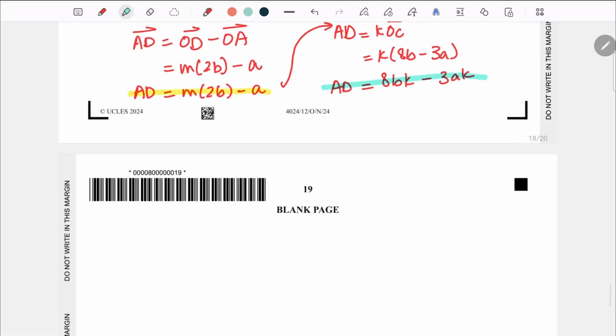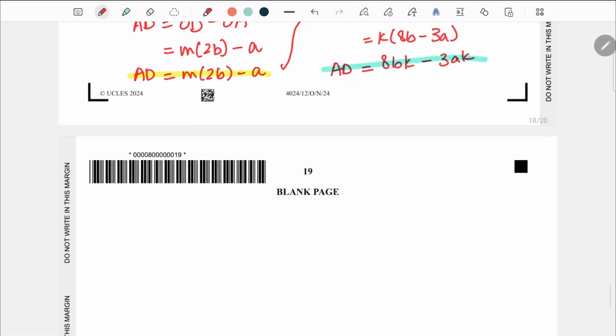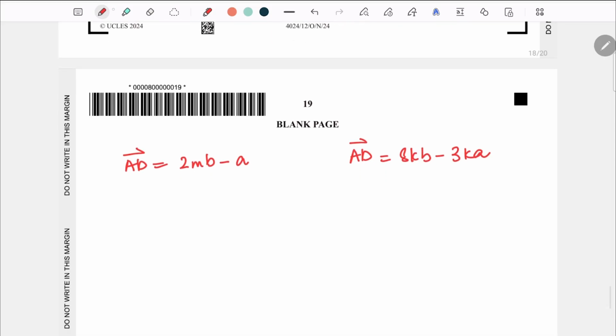Now I'm going to compare the coefficients. The first equation is 2mb minus a, and the second equation is 8kb minus 3ka.